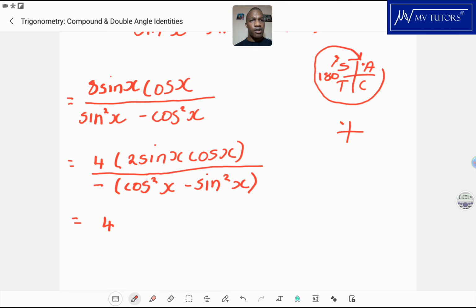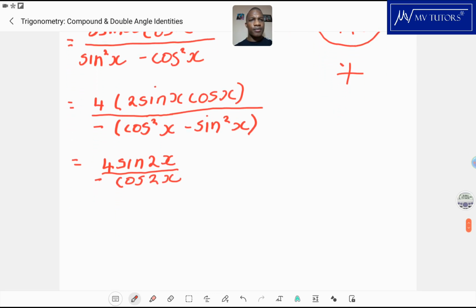This, we already know, is that identity. It's a double angle identity, so it becomes sine 2x. And then the one at the bottom, we have a minus there. That's a cos 2x.